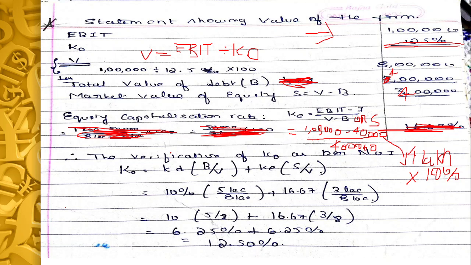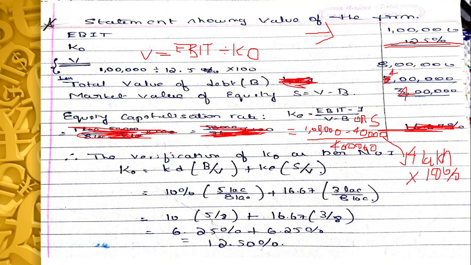See, actually, your problem stops here at this particular point when you find out the equity capitalization rate. Now, this K0 simply verifies the problem. I have already given the overall cost of capital to be 12.5%.